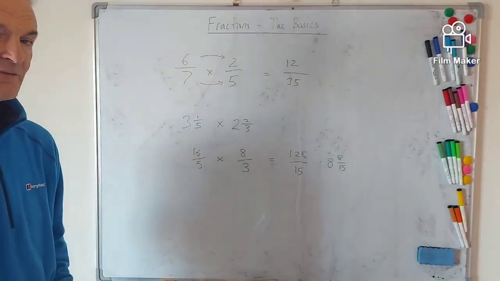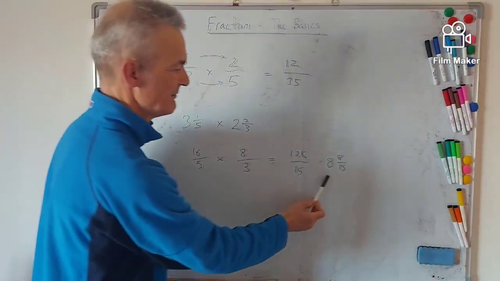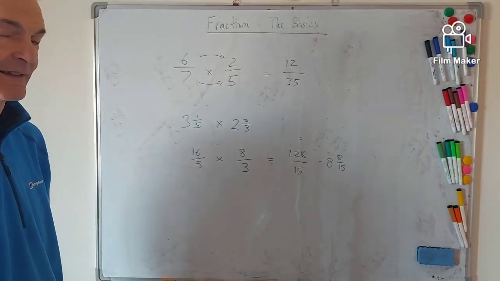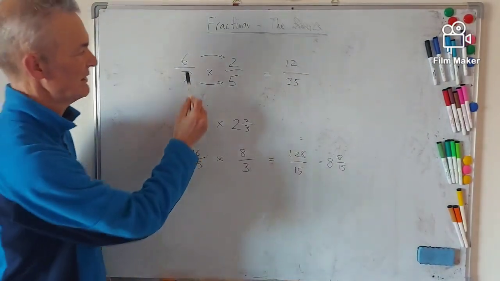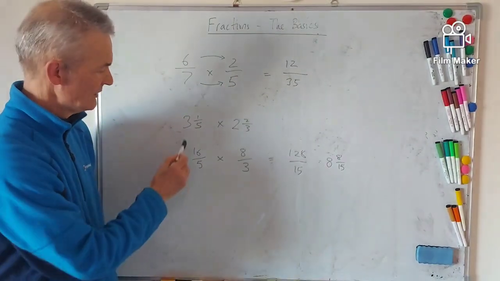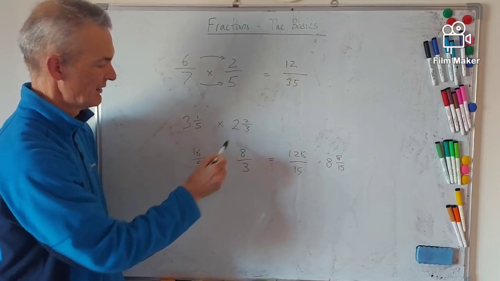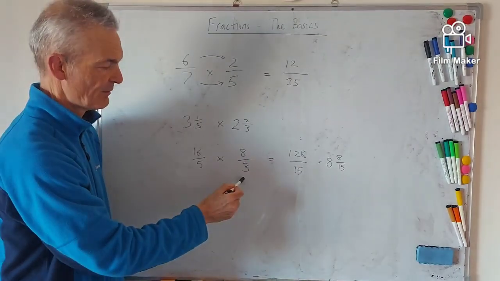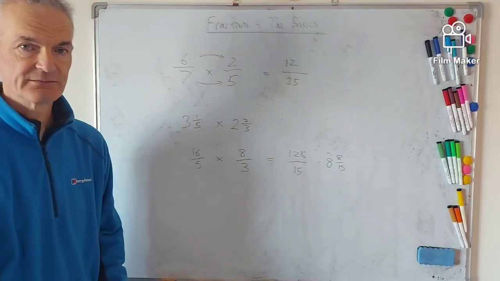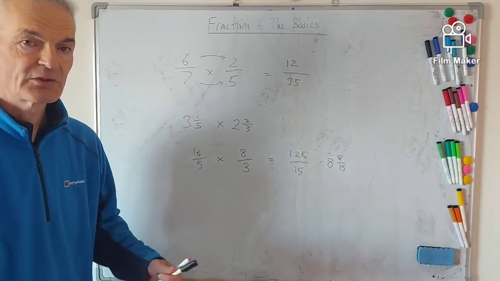So we can then convert that into a mixed number. That's not going to simplify anymore, so we can leave it like that. So multiplication: multiply across the top and across the bottom. If you do have mixed numbers, make sure you convert them into improper fractions first, and then do the multiplication. Okay, that's multiplication.